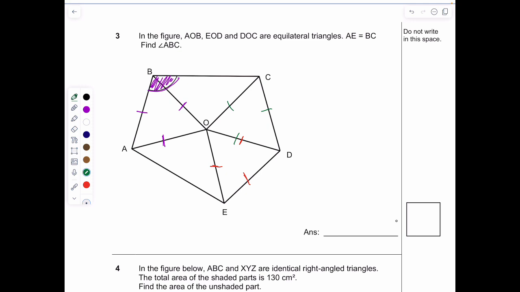To do this, first things first, I know that angle AOE, which is this part over here, would be 360 degrees minus 180, divided by 2, which is 90 degrees.